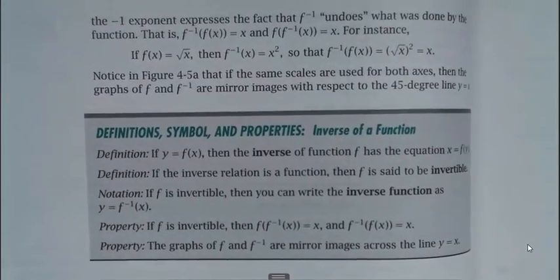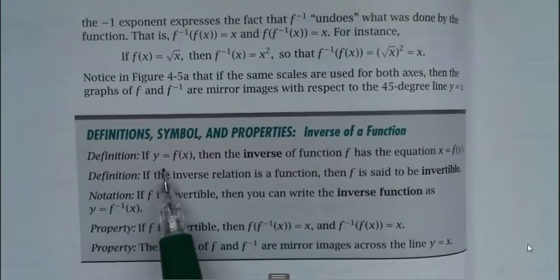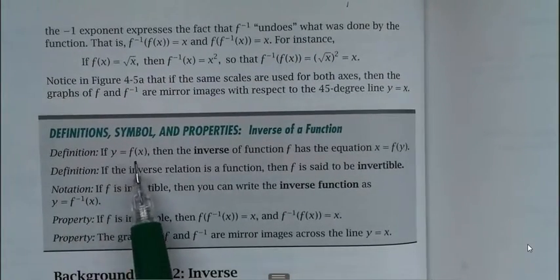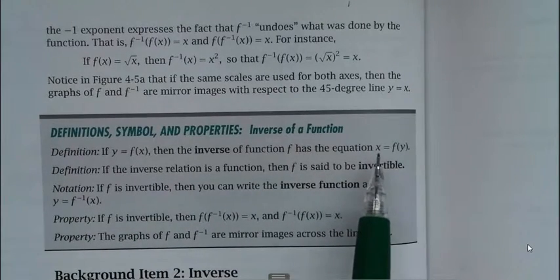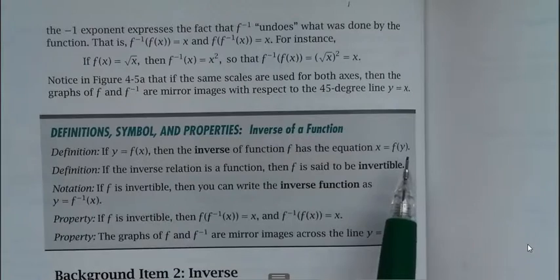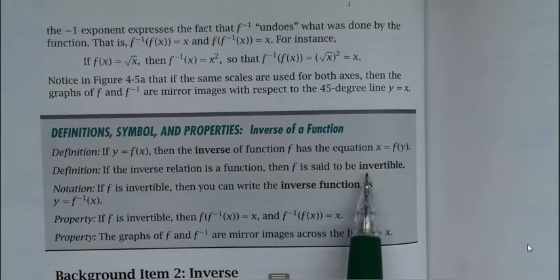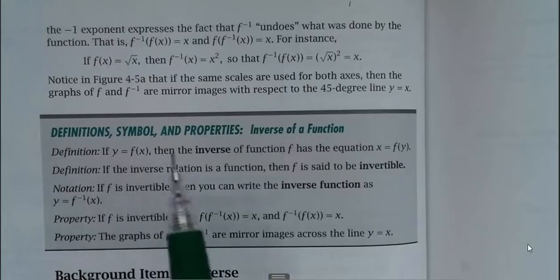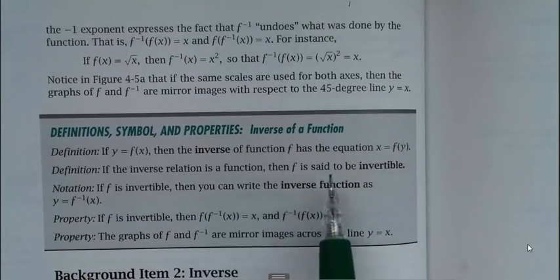You have some definitions, and I'm going to write some of this stuff down just to remind you. Basically, if y equals f of x, then your inverse is where you switch out your x's and your y's. If you take your function and do the inverse of it and you still get a function, then it's said to be invertible.